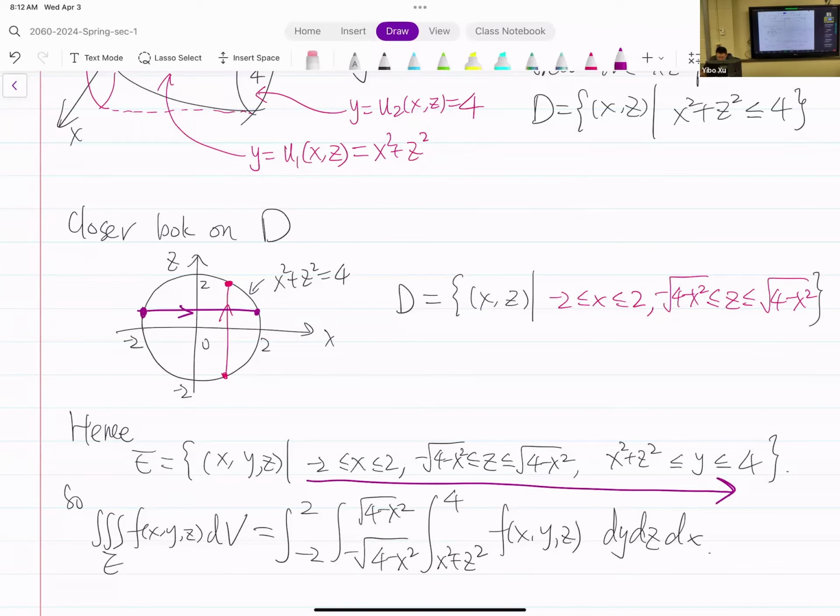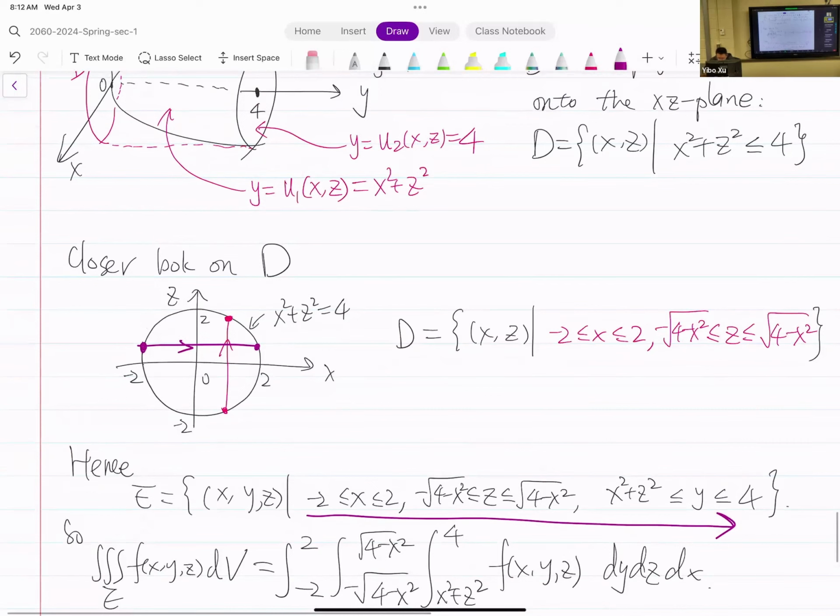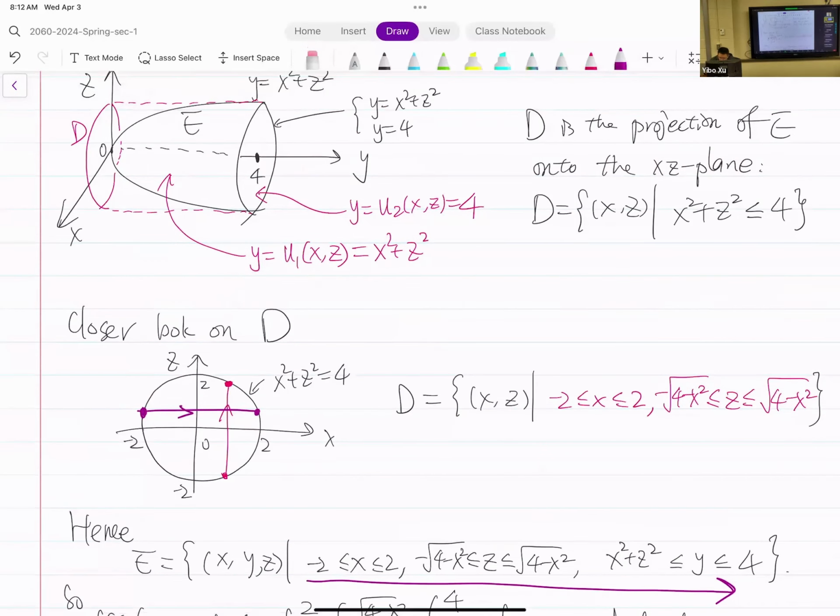So we start with x. Basically, for the region D on the left hand side, which is this, right? So we have x free between -2 and 2, and then we're using vertical bars to cover. So x first, then z, right? And finally, we have the solid, in terms of y now, lower bounded by the paraboloid right here, and upper bounded by the plane right here.